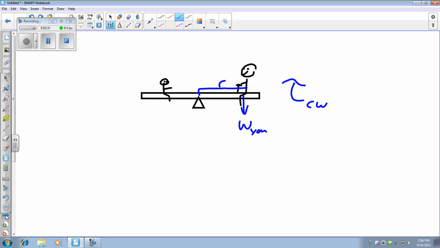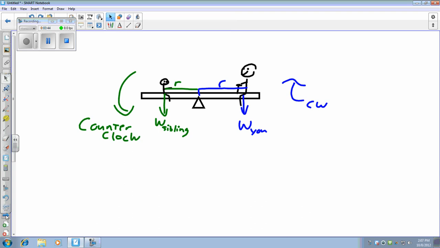Well, your little brother has a different distance and a different weight, and I'll just say sibling, maybe I'll abbreviate it S. And this is counterclockwise, and I will abbreviate that CCW.